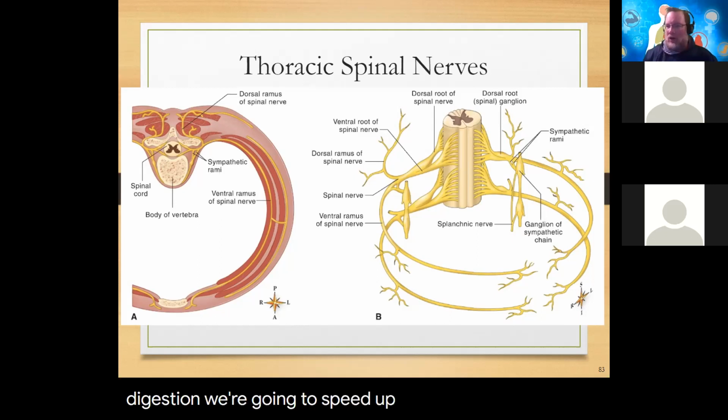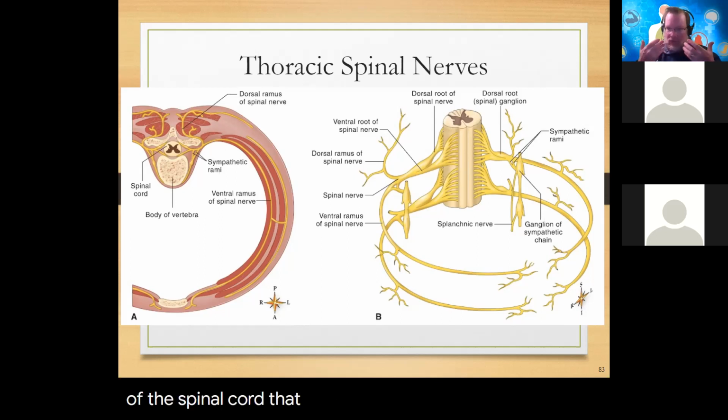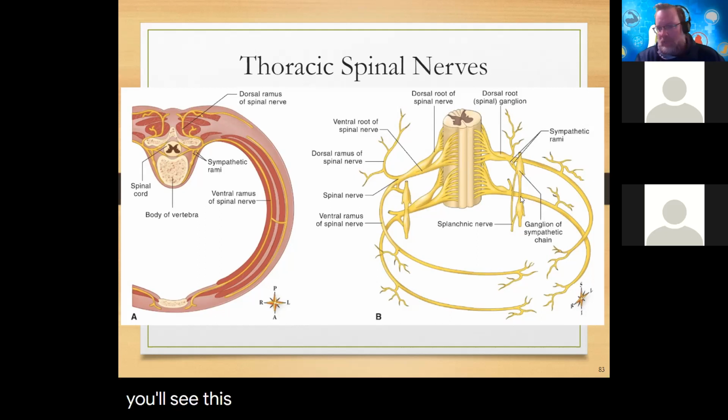We're going to speed up the heart rate, blood pressure, and respiration. So we're going to have an entire chain of sympathetic nerves coming off of the spinal cord, centralized to these primary organs that need to be pumped up. You'll see this sympathetic chain come up shortly in a little more detail.